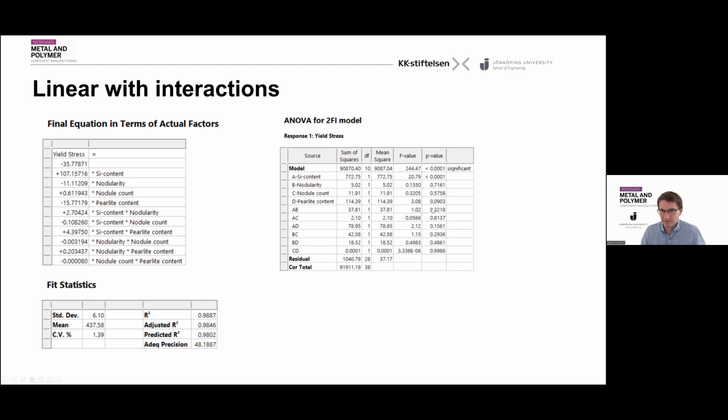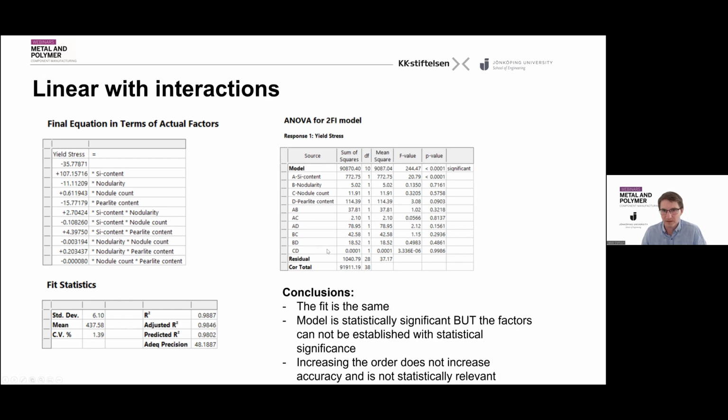But every other factor, now we are trying to extract more knowledge than we have in our data. Now we are really having trouble estimating all of these factors, because we don't have enough data to draw conclusions about them.